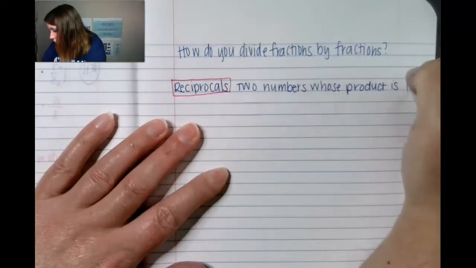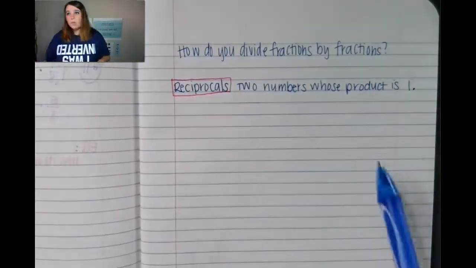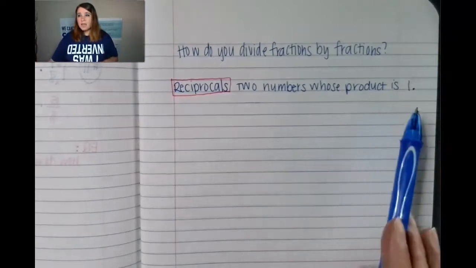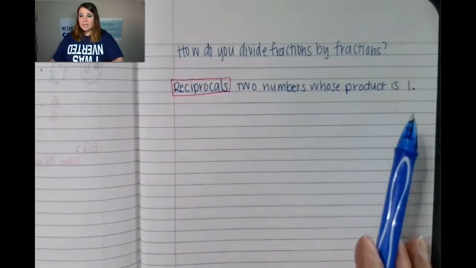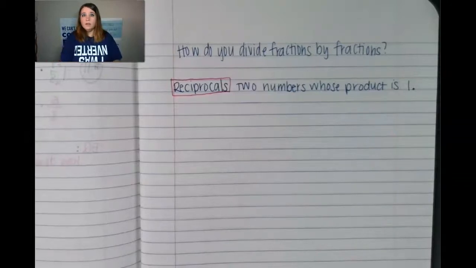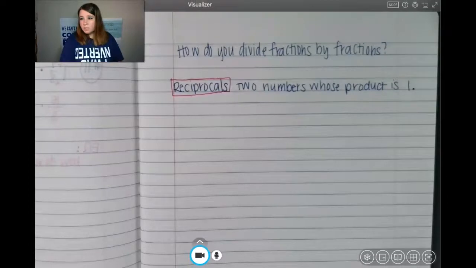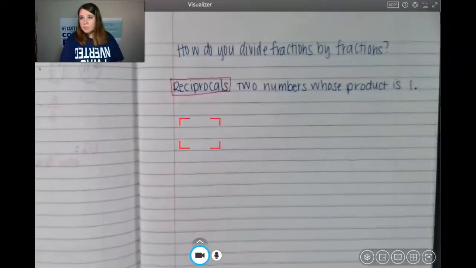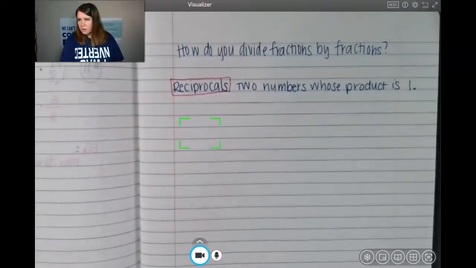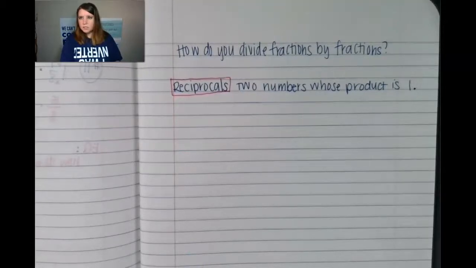We know that product means to multiply, and 1 is 1. So when we multiply the two numbers together, you're going to get 1. There we go. Hopefully that's not as blurry.